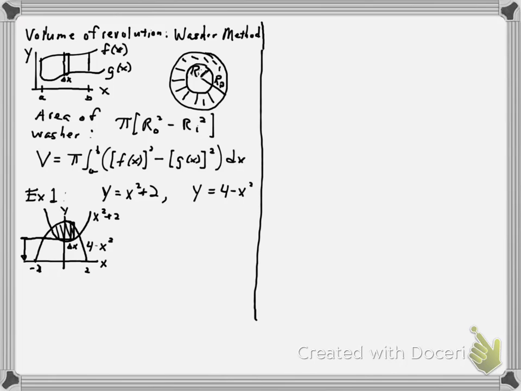The inner radius is this distance here. This is r sub I. The outer radius is this distance here. This is r sub O. For this problem, think about what r sub O is.